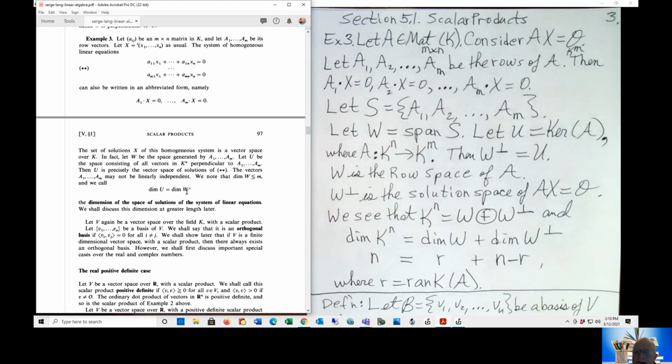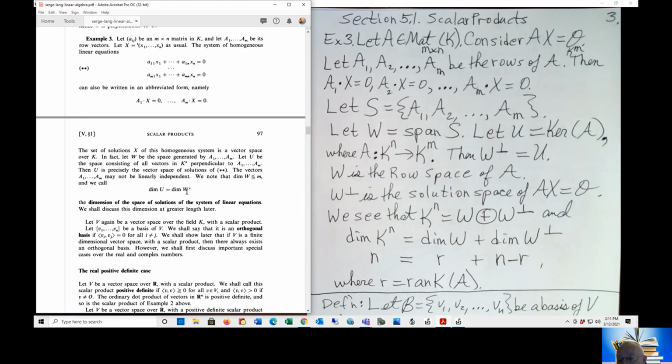All right? Now next, let U be the kernel of A. That is, U is the set of all solutions to the homogeneous linear system, AX equal to the 0 vector.